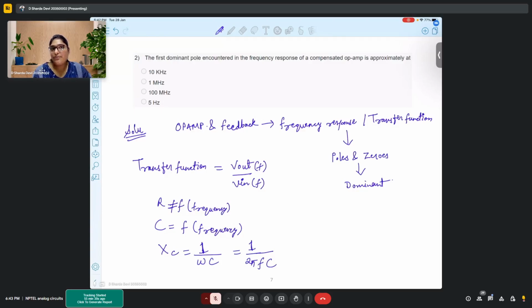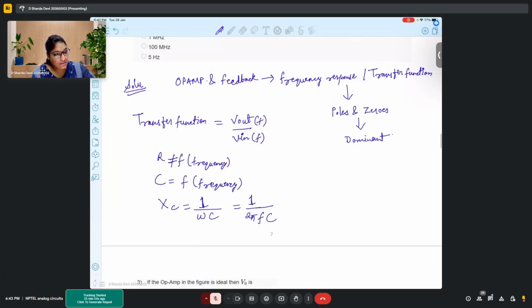So that's why for a given circuit, it is very important to understand its frequency response. Frequency response basically means how the circuit will perform depending on the frequencies, right?